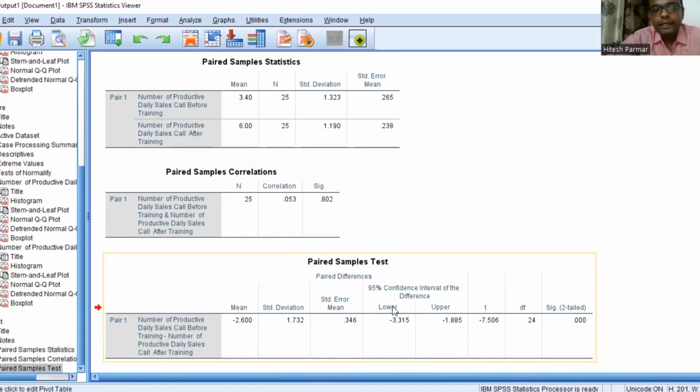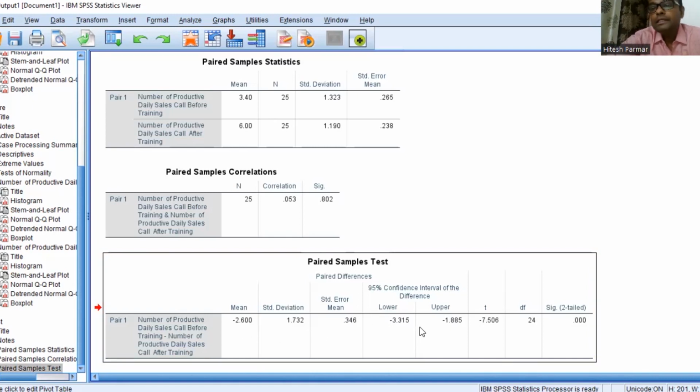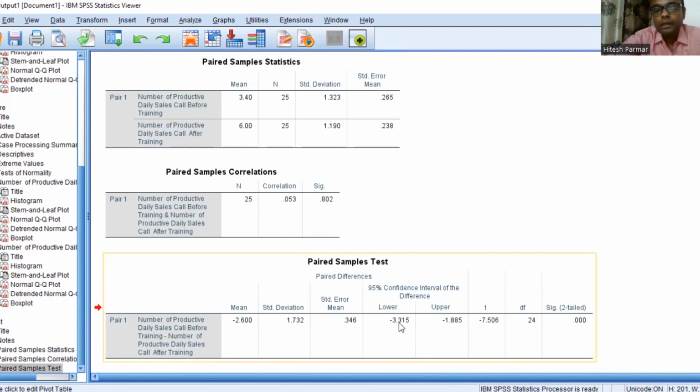Now here also is the 95% confidence interval of the mean difference, which is minus 3.31 to minus 1.88. If you remember, if both values of the range are negative, what does it indicate? A negative mean difference indicates that the after mean is higher than the before mean, with 95% probability.